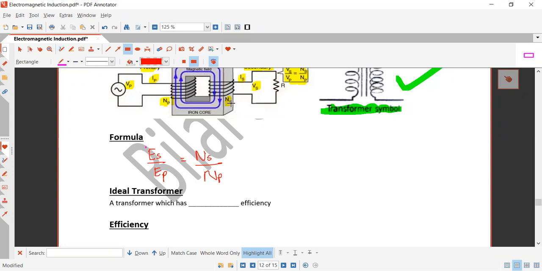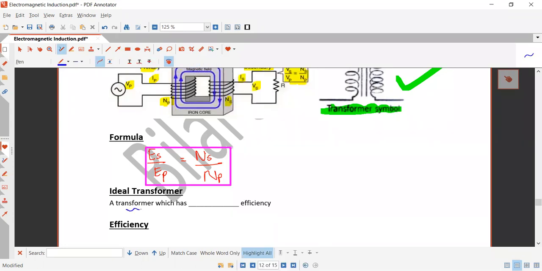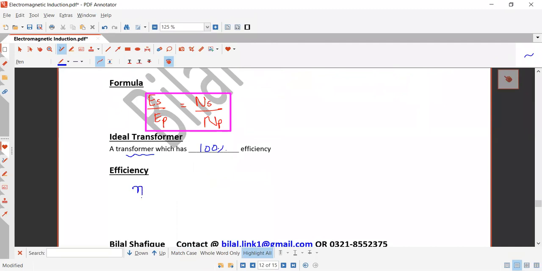Right, students? Now, ideal machines don't exist, but if we talk about an ideal machine, it would be a machine which has 100% efficiency. And what is meant by efficiency? Efficiency is power output over power input. Now, what's the power output of the transformer?